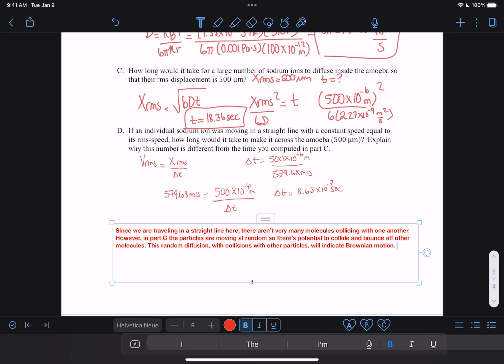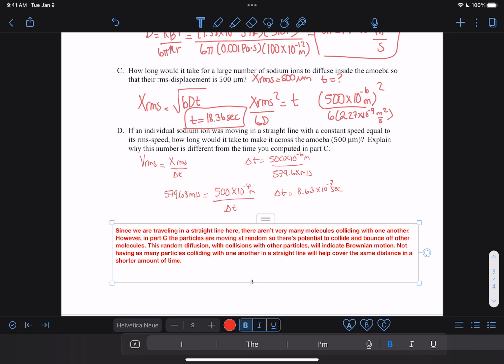And so, not having as many particles colliding with one another will help cover the same distance in a shorter amount of time, right?